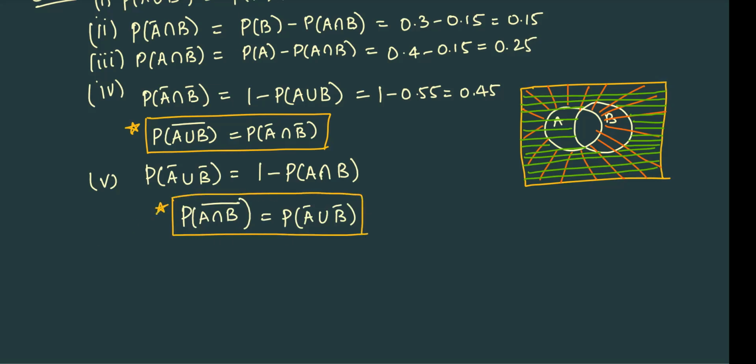So this is 1 minus intersection, which is 0.15. So it is 0.85, and 0.45, correct.